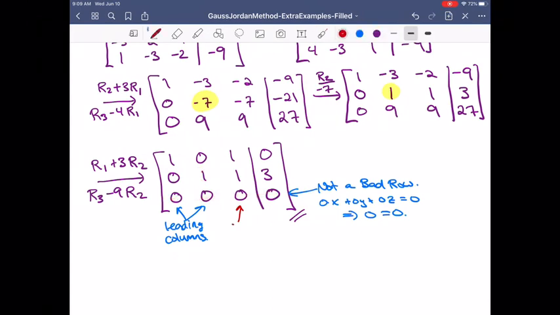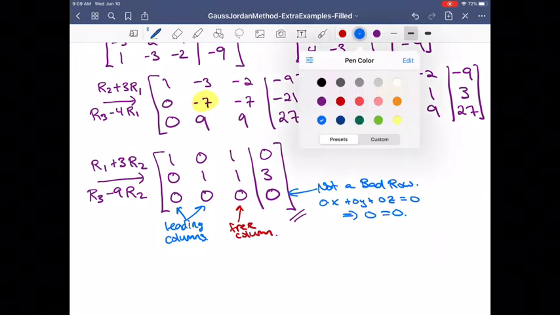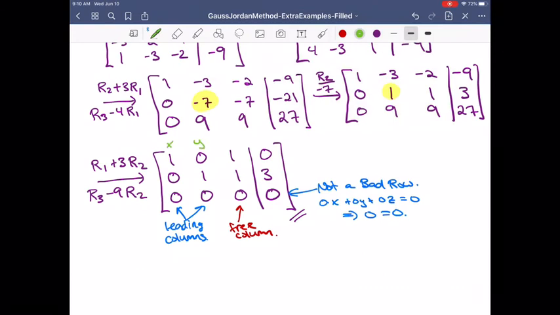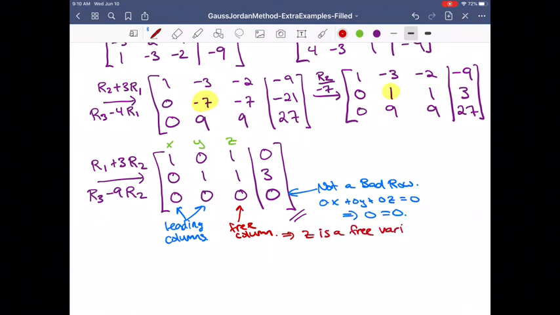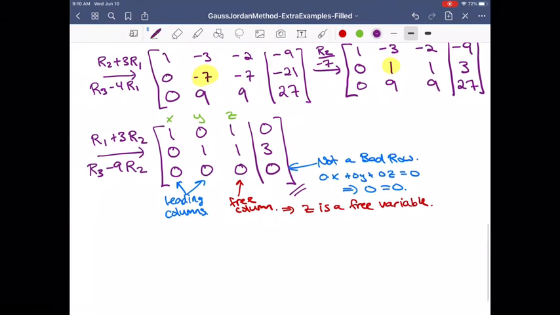So that means that this one is a free column. And because the variables go x, y, z, it means that z is a free variable. Okay, and we're going to have infinitely many solutions here.